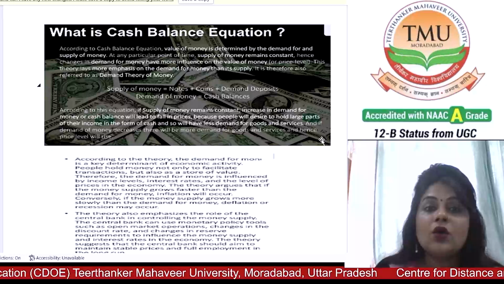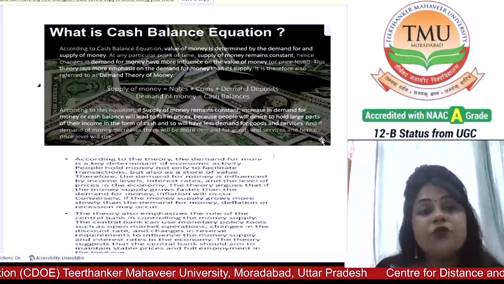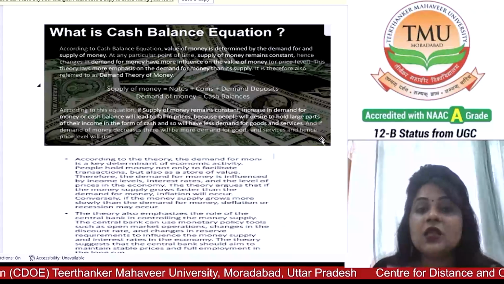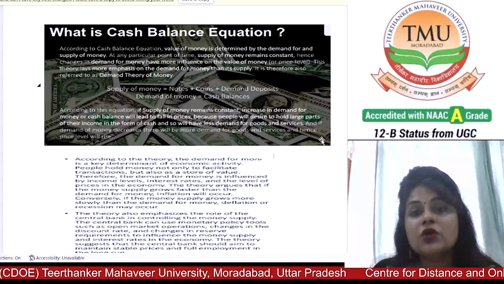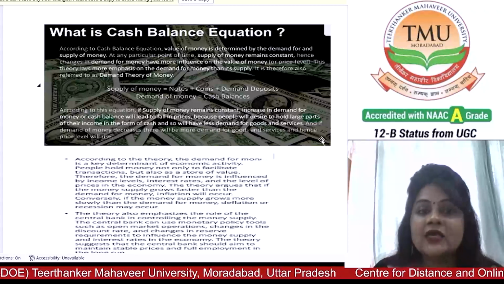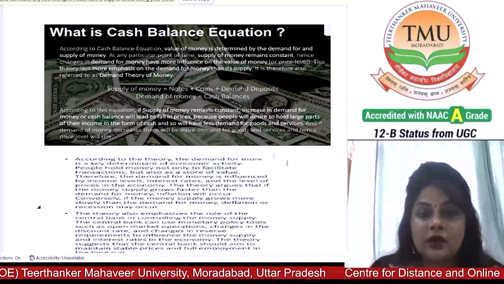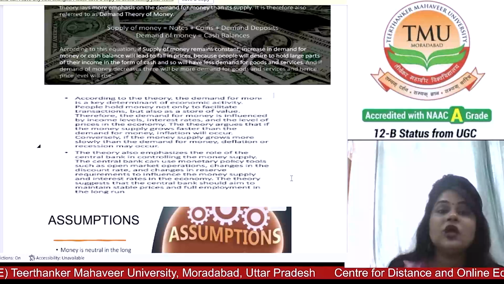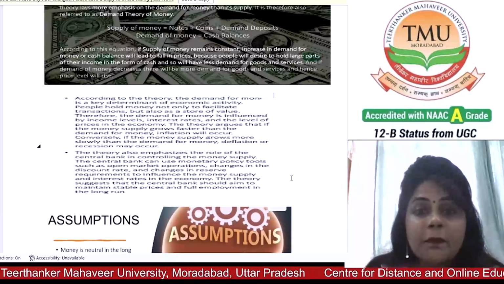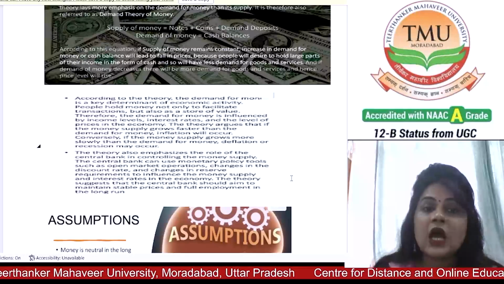If the demand for money decreases, there will be more demand for goods and services, and hence the price level will rise.